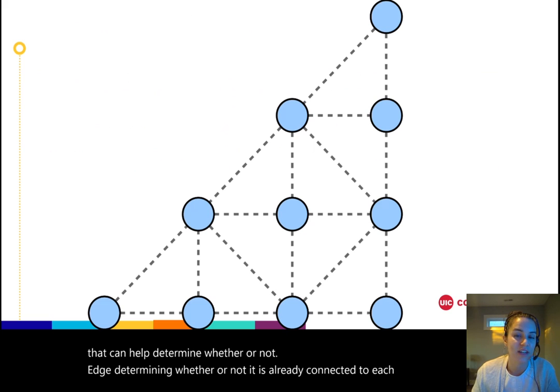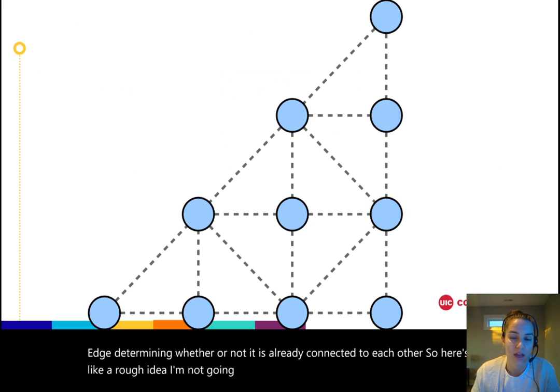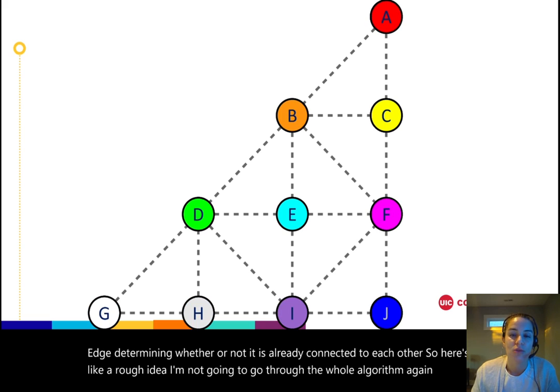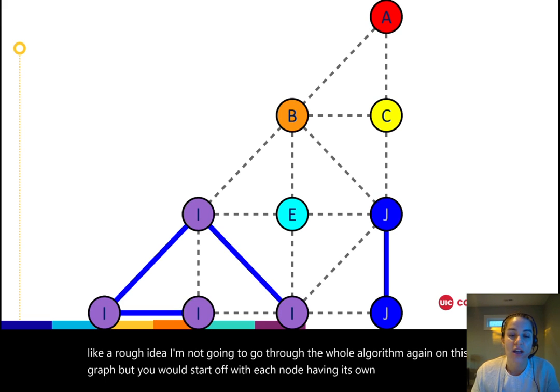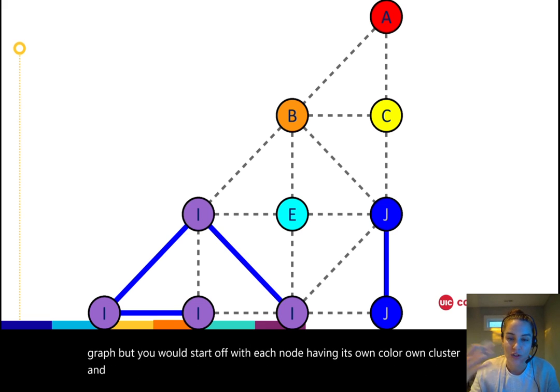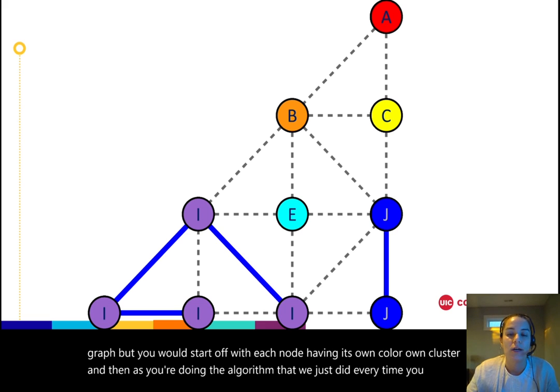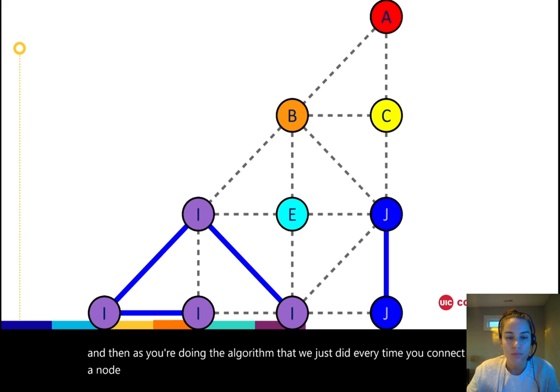So here's a rough idea. I'm not going to go through the whole algorithm again on this graph, but you would start off with each node having its own color, its own cluster, and then as you're doing the algorithm that we just did, every time you connect a node to a cluster, you add it to that cluster.